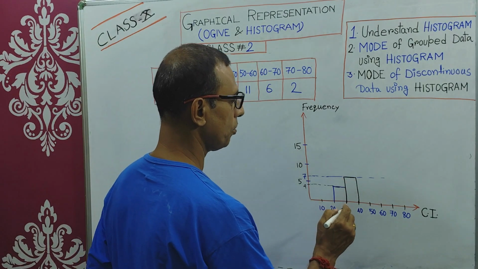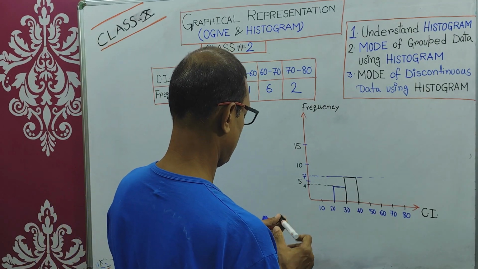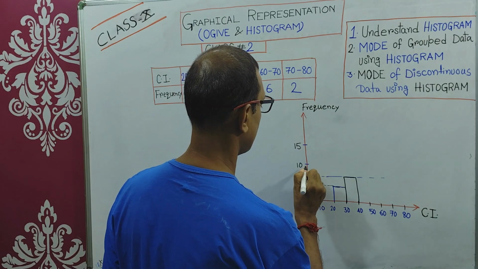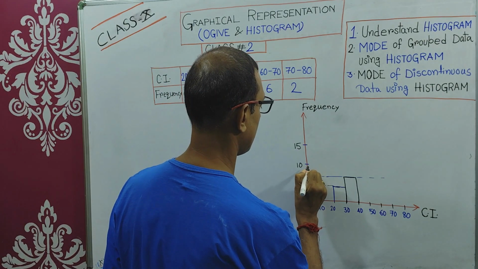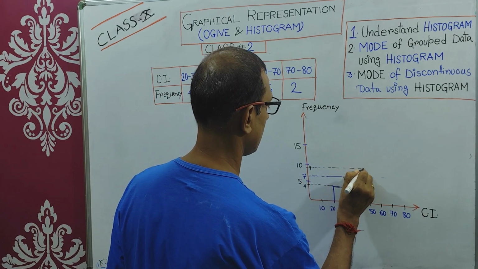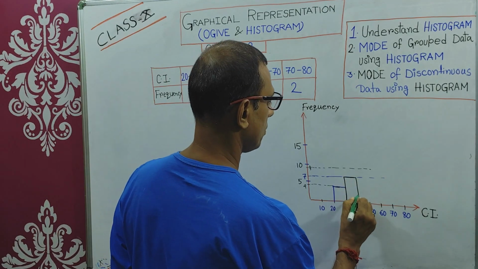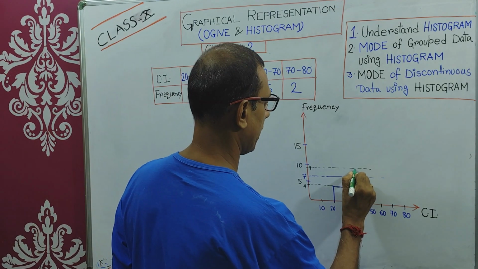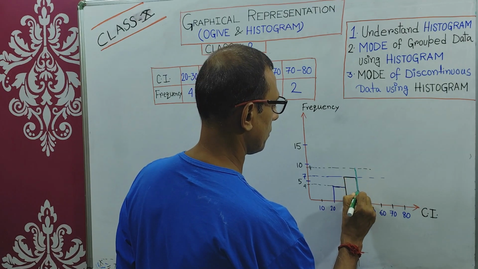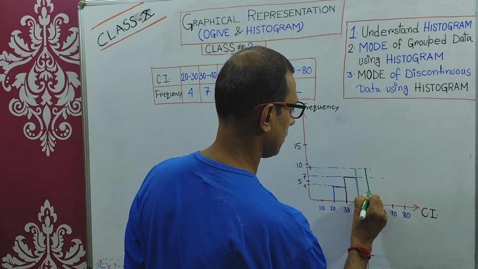Then 40 to 50 it is 9, just below 10. 40 and 50 are also 9.